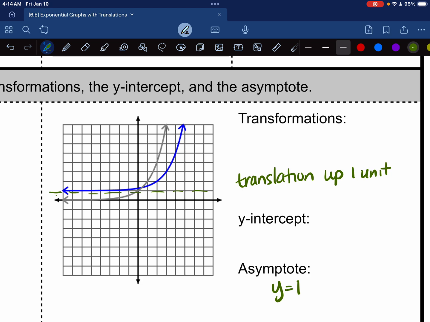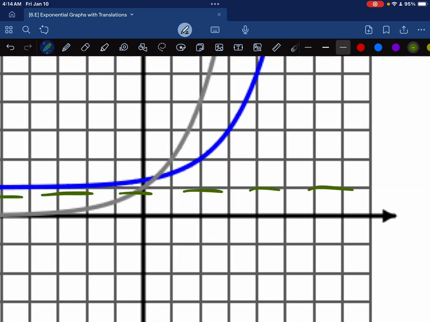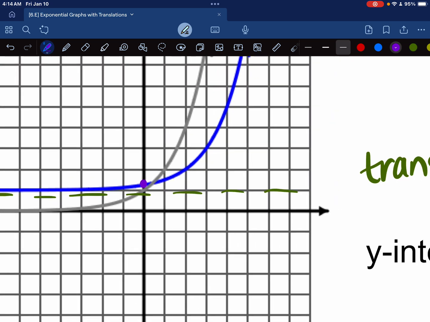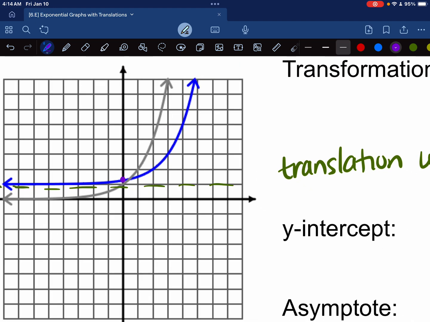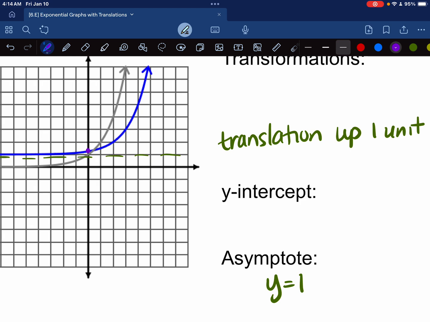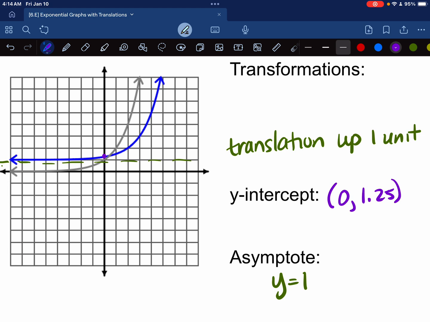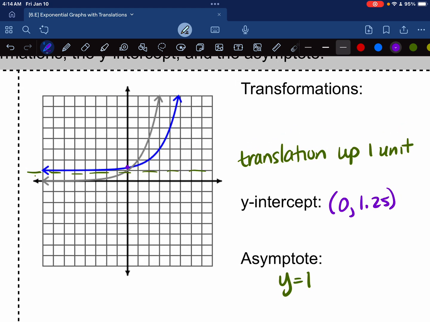All right, now, is the y-intercept kind of hard to see? We're going to be estimating that y-intercept. I know it's a little bit bigger than 1, but it's less than 2. It doesn't look quite like 1.5, so I'm going to call that about 1.25. But that's an estimate, right? It's not perfectly on the crosshairs to help me out.